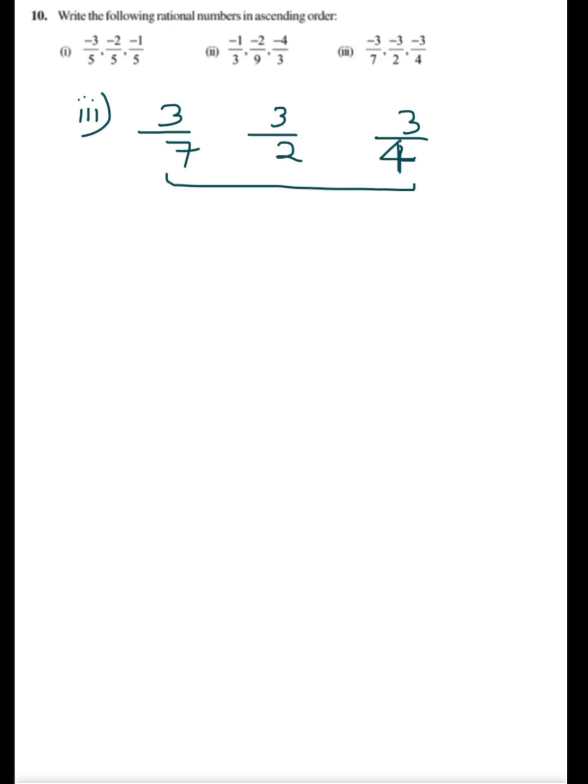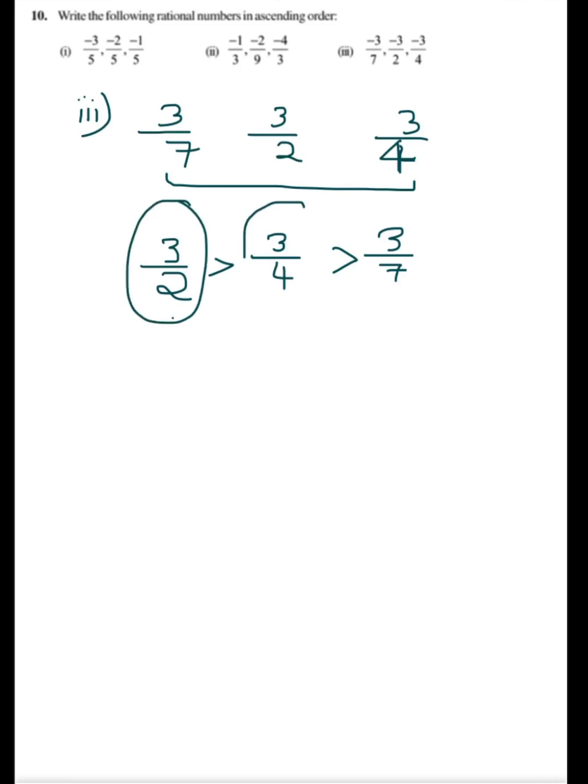Okay, among these denominators, 2 is the lesser. That means 3 by 2 will be greater among these. And the next will be 3 by 4. And the next will be 3 by 7. Okay, this is the order if you are not considering the negative sign.